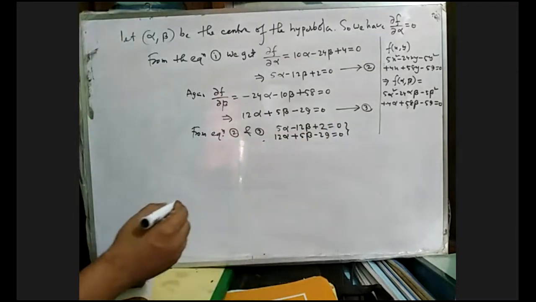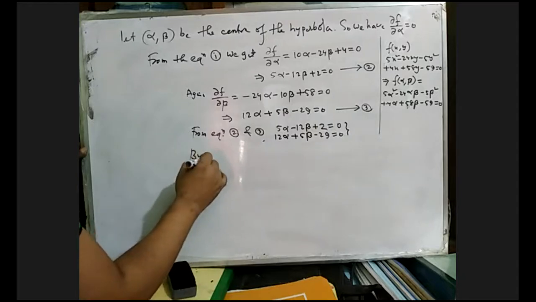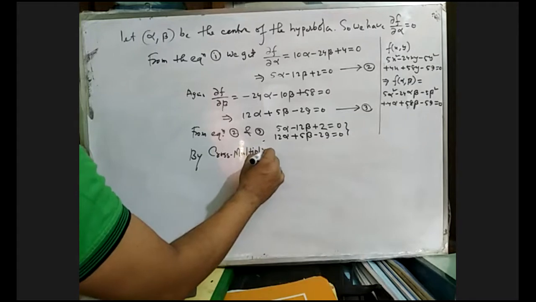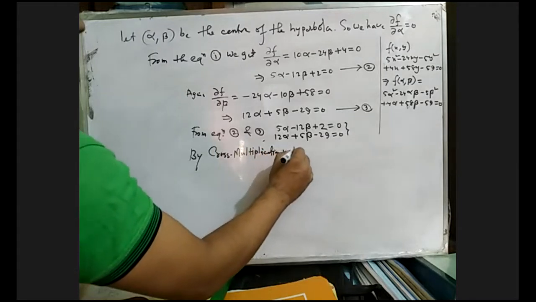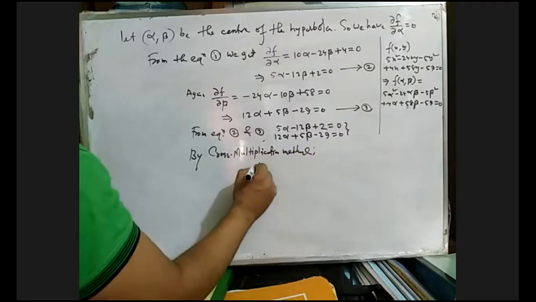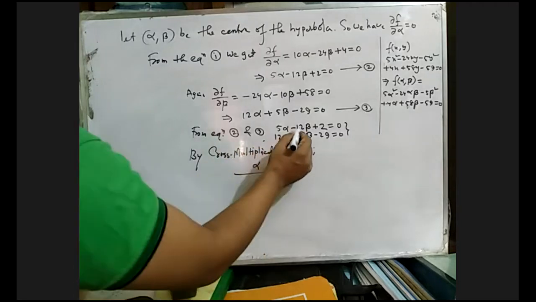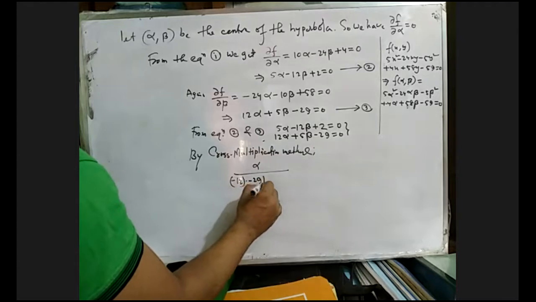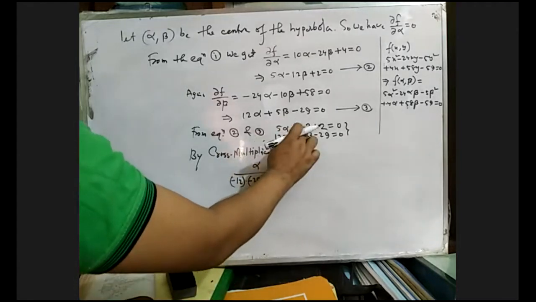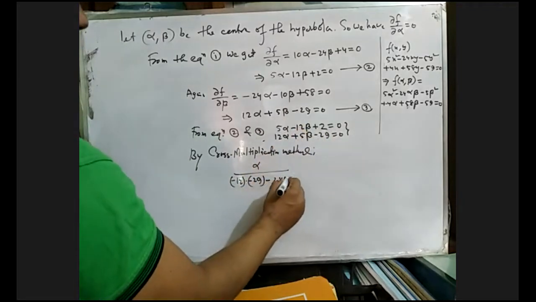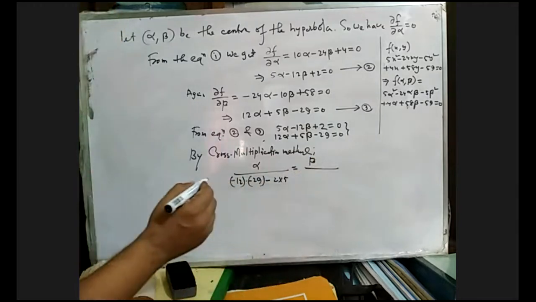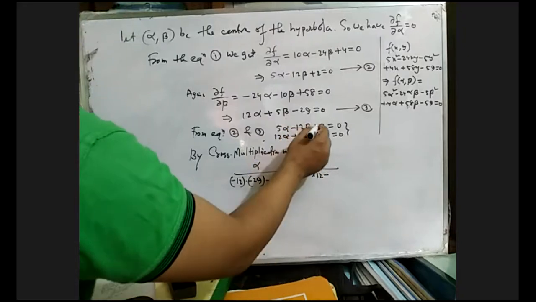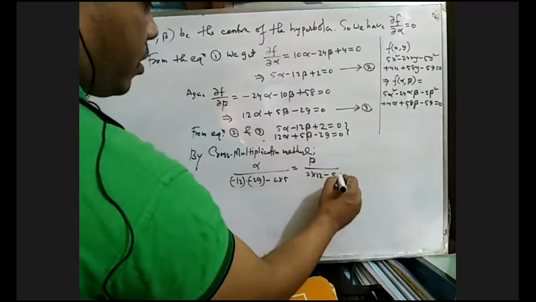So by the cross multiplication method, alpha divided by minus 12 multiply minus 29 minus 2 multiply 5, equals beta divided by 2 multiply 12 minus 5 multiply minus 29.